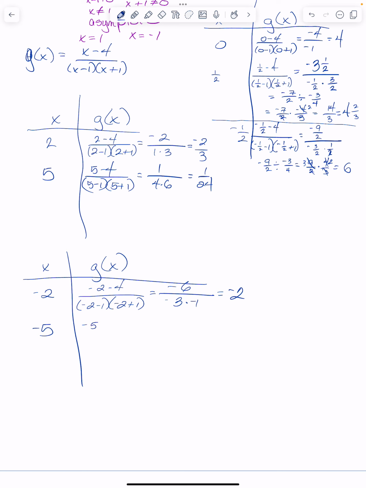So I got -5 minus 4 over -5 minus 1 times -5 plus 1. And we get -9 over, what is that, -6 times -4. -9 over a +24. Divide them both by 3, and I get -3/8.